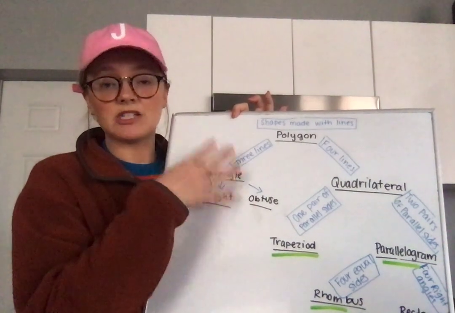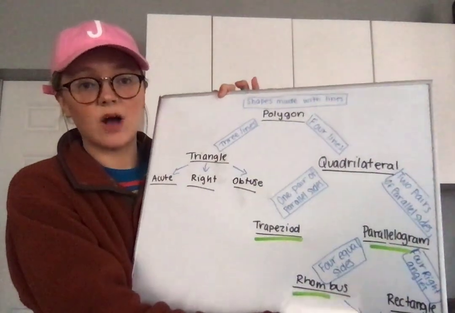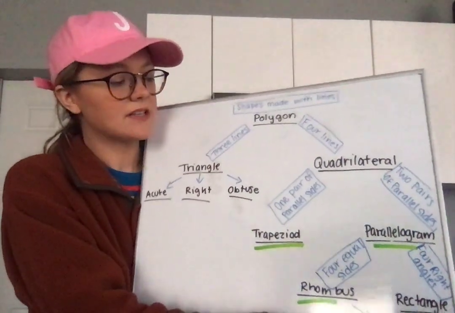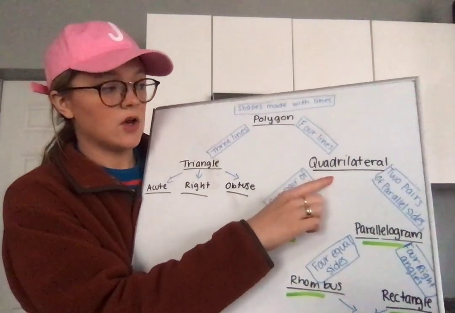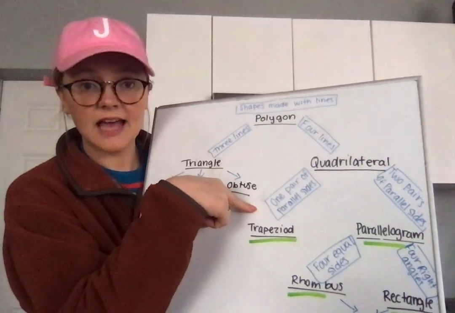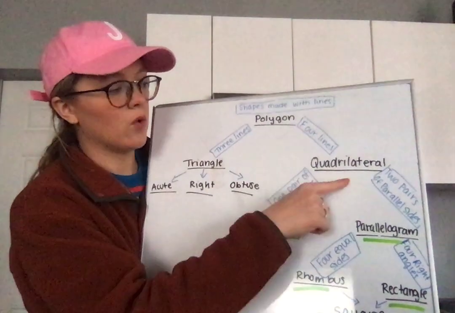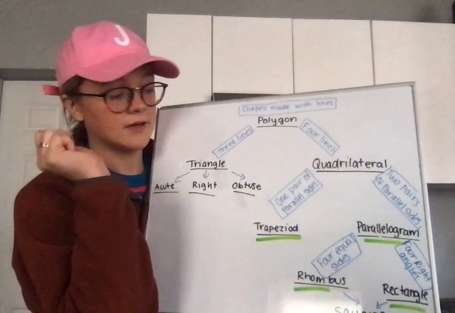So this is something we talked about earlier this week. Today we are focusing on quadrilaterals. So as we go down quadrilaterals, we have two options. We have quadrilaterals that have one pair of parallel lines, or we have quadrilaterals with 2 pairs of parallel sides.